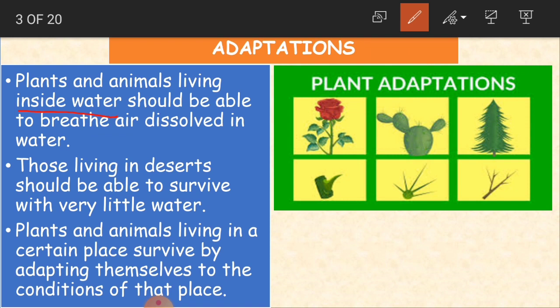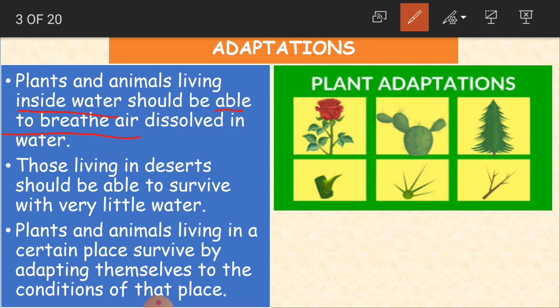Suppose a plant is growing in water, it should be able to breathe air, because air is very much necessary for a living thing to live. Unless we breathe air, we cannot live. Clear, children? So even a plant has to breathe air.